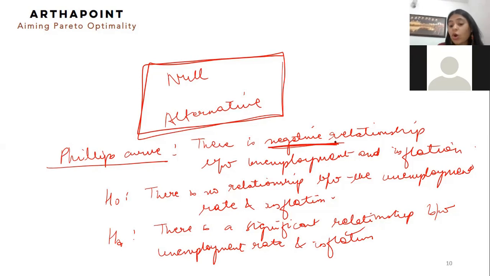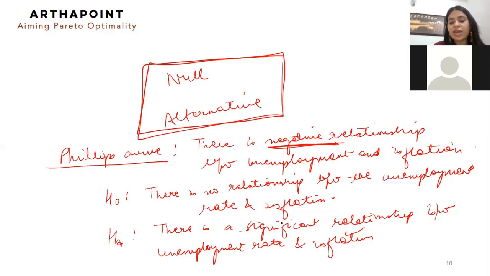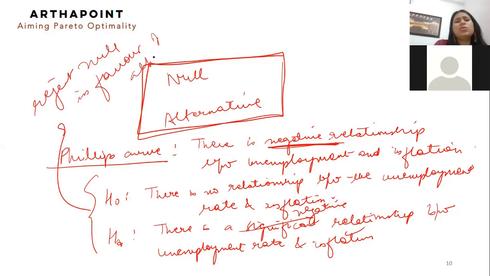So if you know what the sign is, then your alternative hypothesis is directly going to write there is a negative relationship between unemployment rate and inflation. And what I want to do is try and reject my null in favor of the alternative. We'll do this in detail, don't worry.